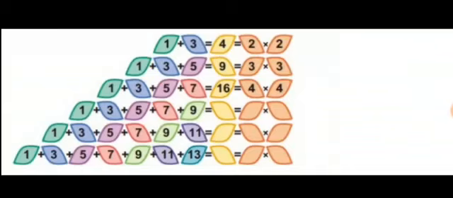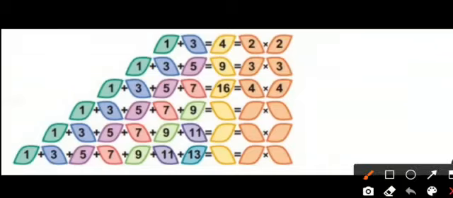Fun with odd numbers. Take the first two odd numbers. It is 1 and 3. Now add them. See what you get. Yes, 4. 1 plus 3 is 4. Means 2 2s are 4.